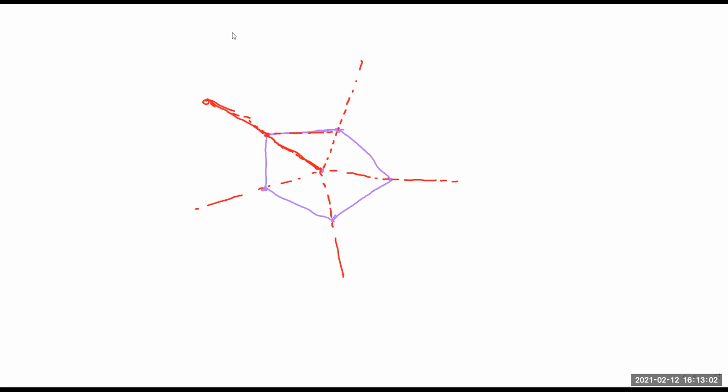We know we can draw the parallel lines. So we just draw the parallel line like that, and also a line parallel to this line. So parallel to this line, then parallel to that line, then parallel to this line, and parallel to this line. And then we have a scaled up version of that.